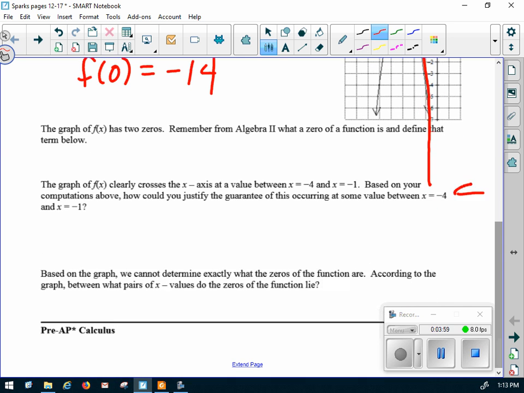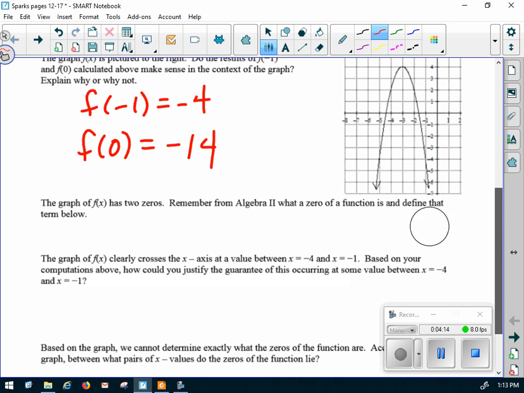Now look at this question. The graph of f of x clearly crosses the x-axis at some value between x equals -4 and x equals -1. Do you buy that? The graph crosses the x-axis somewhere between x equals -4 and x equals -1.